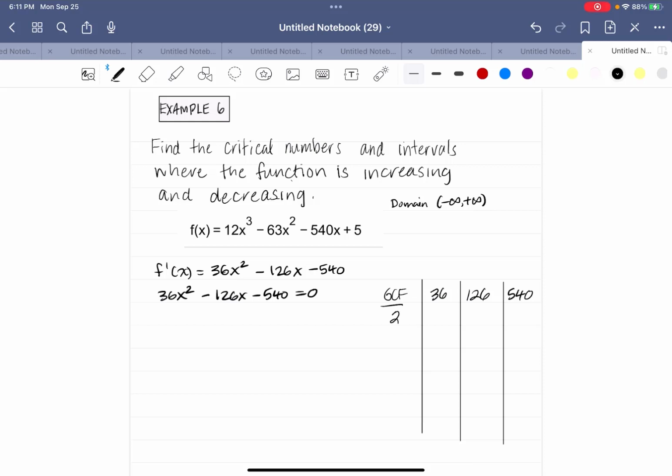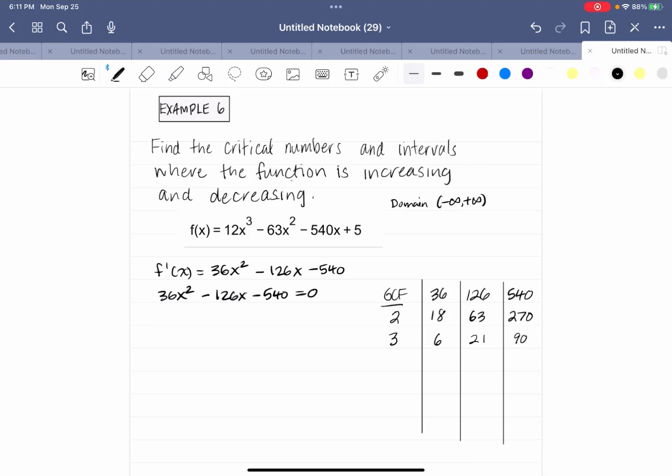So they're all even, so I know that 2 will go into them. I divide 36 by 2 to get 18, 126 by 2 to get 63, and 540 by 2 to get 270. Then I notice that 3 will go into all of these. 3 goes into 18, 6 times, into 63, 21 times, and into 270 it goes 90 times.